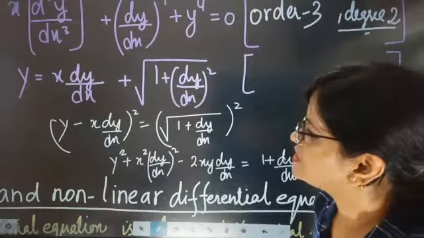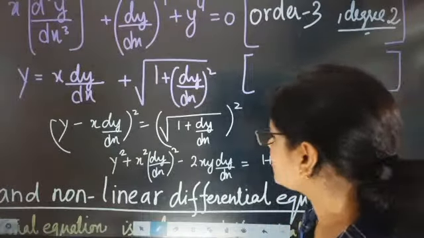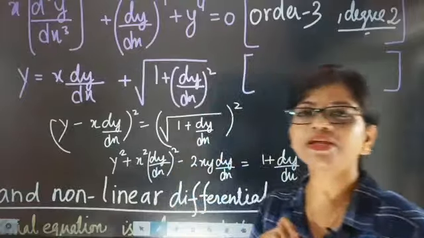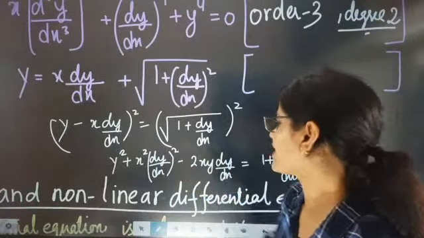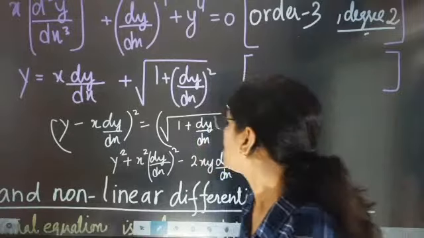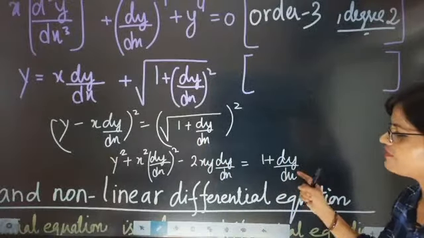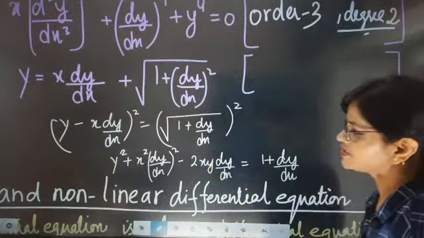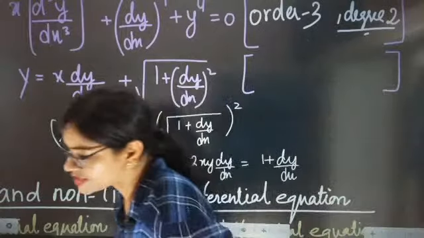So we see that the order is 1 and the degree of the highest order is coming as 2, because if we check dy by dx, dy by dx, dy by dx, how many times is it coming?